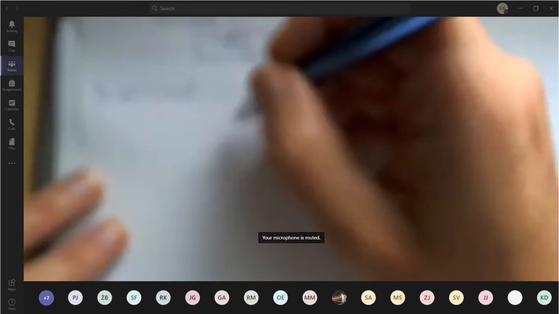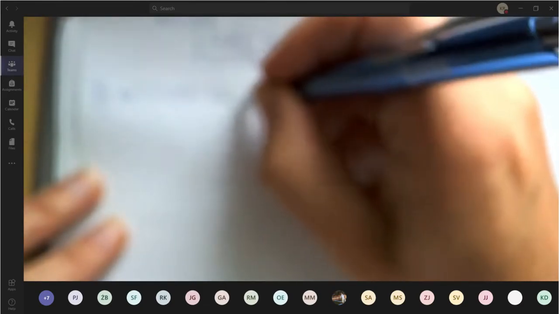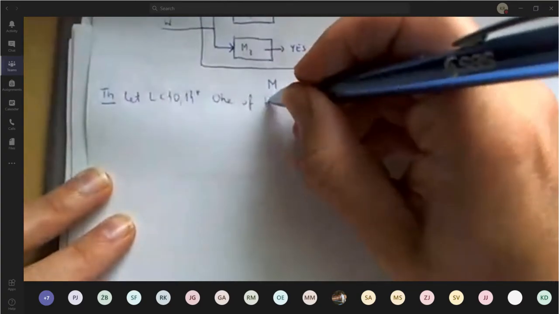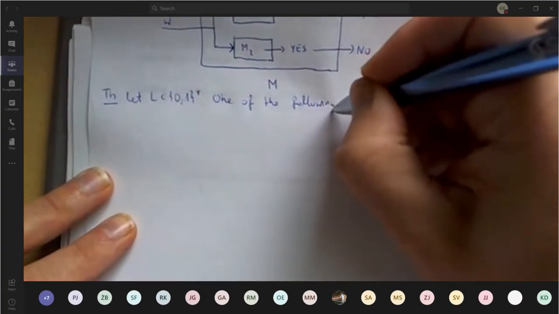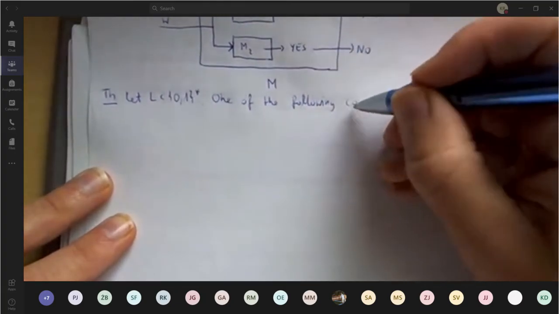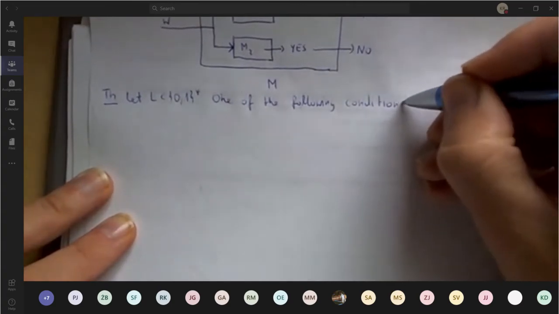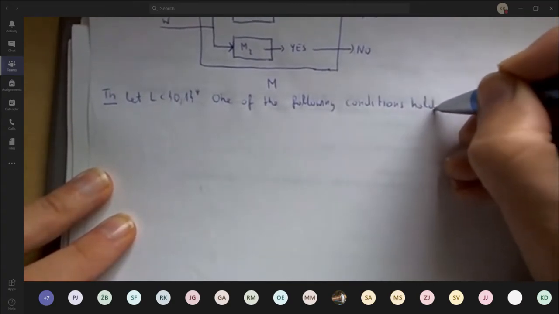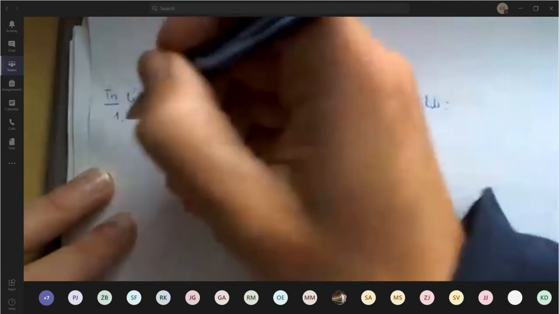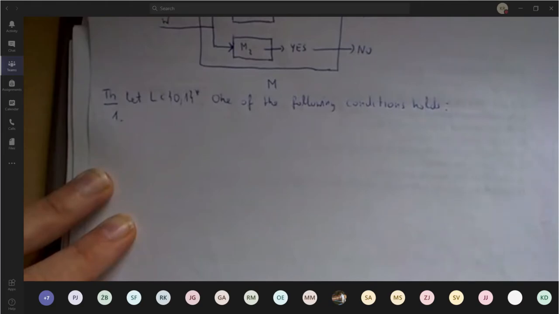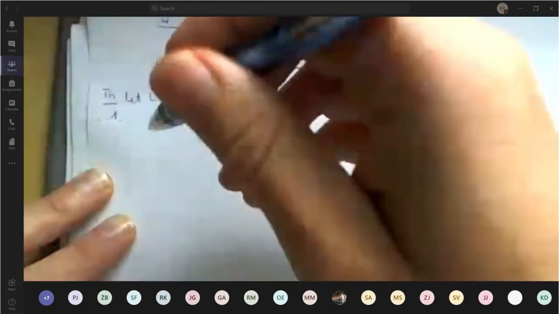So we know that one of the following conditions holds. The first condition: both L and its complement are recursive.